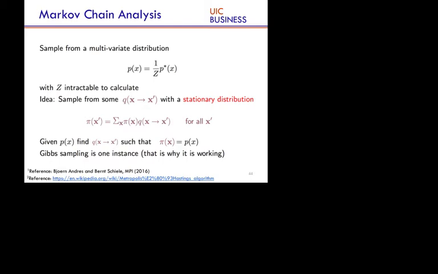We just want to design this transition probability matrix such that pi of x is equal to p of x, because p of x is also just a distribution over my states. Pi of x is the stationary distribution determined by the transition probability distribution, and I want to construct it such that these two are the same.